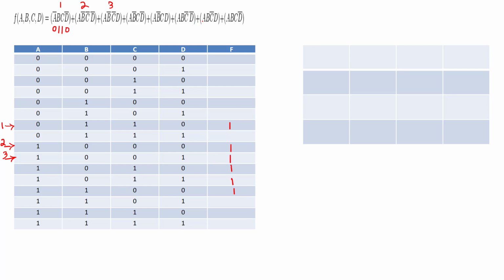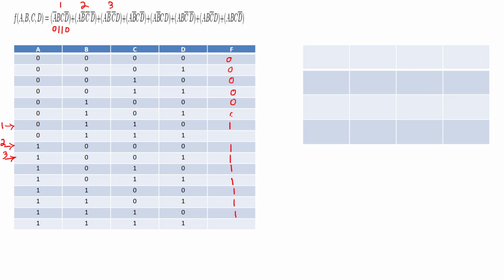The next one is going to be 1, 1, 0, 1, which is the next row. And the last one is going to be 1, 1, 1, 0, which is the next row. Now all the remaining rows, since these terms do not appear in our expression, will be equal to 0.